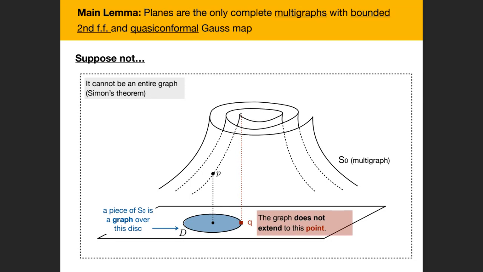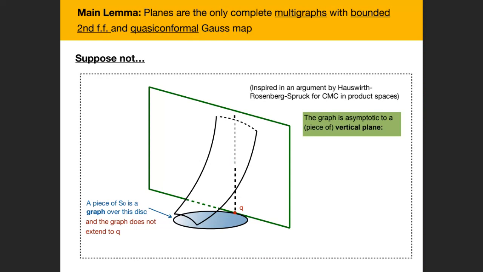Okay, so now the first step in the proof is to control the asymptotic behavior of my surface when we approach this Q. And here we were inspired by an argument of Hoffman, Rosenberg, and Spruck for CMC surfaces in H2 cross R. But of course, we have to make some adjustments because we don't have a condition on the curvatures, but only that the Gauss map is quasi-conformal, this inequality that we have.